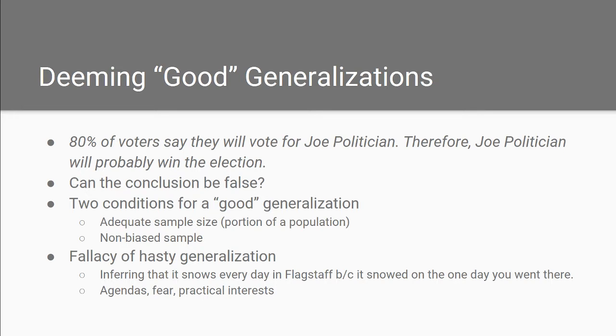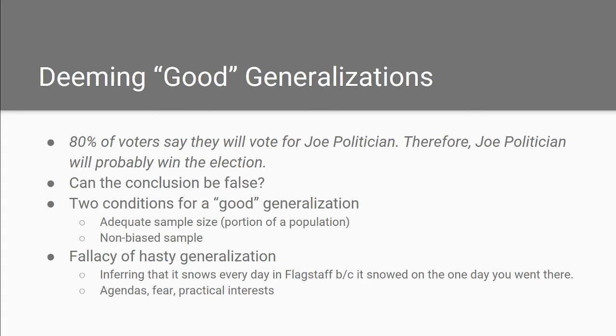For example, Joe Politician's opponent could intimidate those voters who intend to vote for Joe Politician so that very few of them will actually vote. Now, if you want to be a little more grim, Joe Politician's opponent could systematically kill off all those voters, and then Joe Politician won't win the election. So again, it's an inductive argument because the conclusion could still be false.